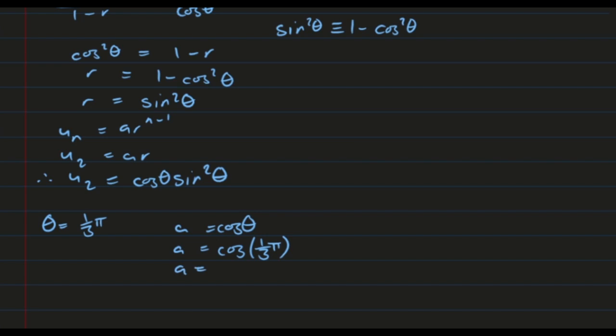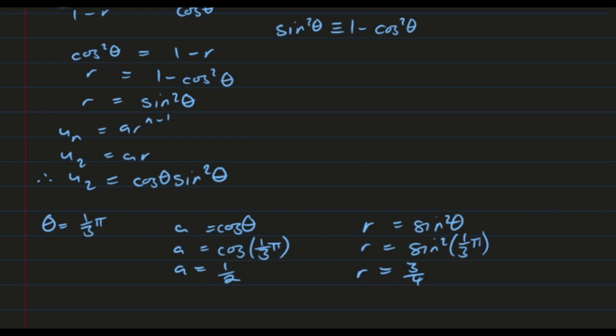Cos of 1/3 pi is a half. Then r is equal to sine squared theta, so r is sine squared 1/3 pi. Punching this into a calculator, sine of 1 over 3 pi, squared, gives us 3/4.